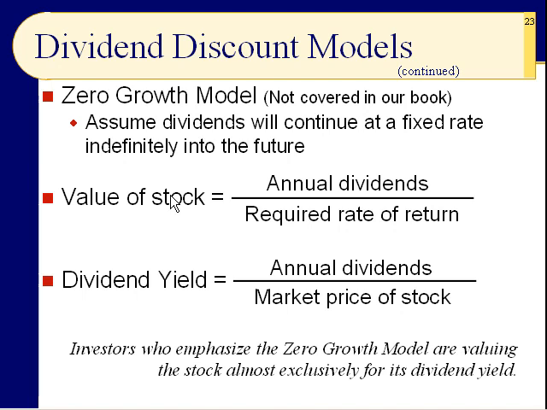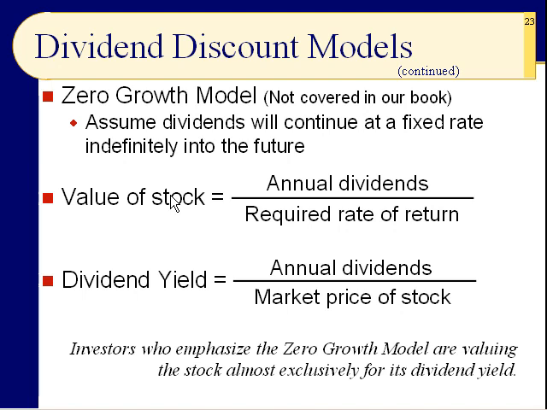And so the value of the stock is basically equal to what we believe the market price is. Now remember, investors in the market are not necessarily going to agree with us, but that's what we believe it's worth. So investors who emphasize the zero growth model are valuing the stock almost exclusively for its dividend yield. In other words, remember when we talked about growth and income mutual funds?